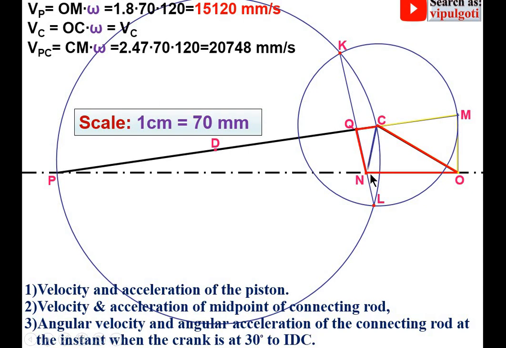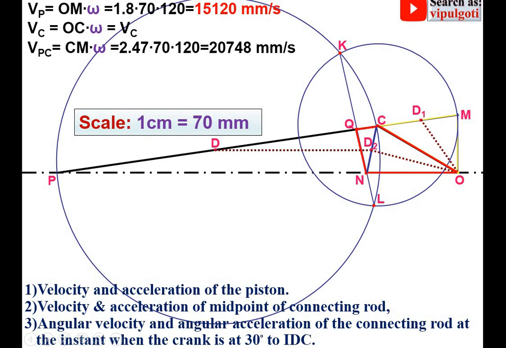Join CN, mark the midpoint of this CM as D1, join it with the O, draw the horizontal line passing through this D point up to CN and mark this point as D2. Join D2 with this O point.